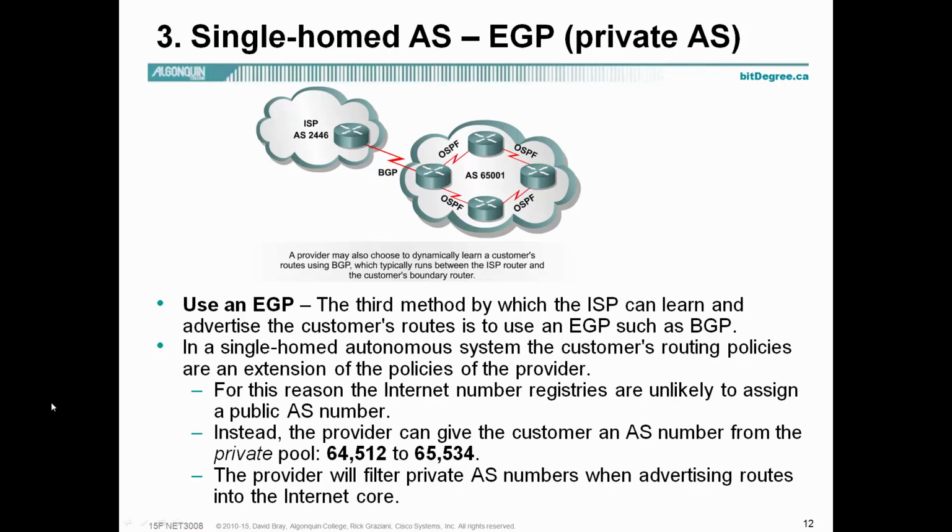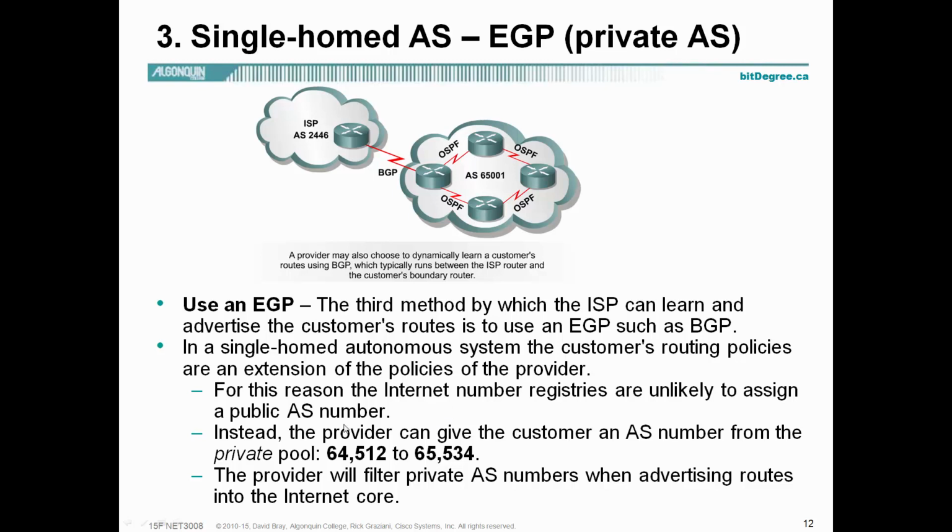So the customer has some routing policies they want to enforce, and since they're only single homed to a provider, the provider can run BGP with this customer, but instead of assigning a public AS number to that customer, the provider will just use a private AS number, from the private pool. Remember we said these were like private IP addresses from RFC 1918 that you're used to.